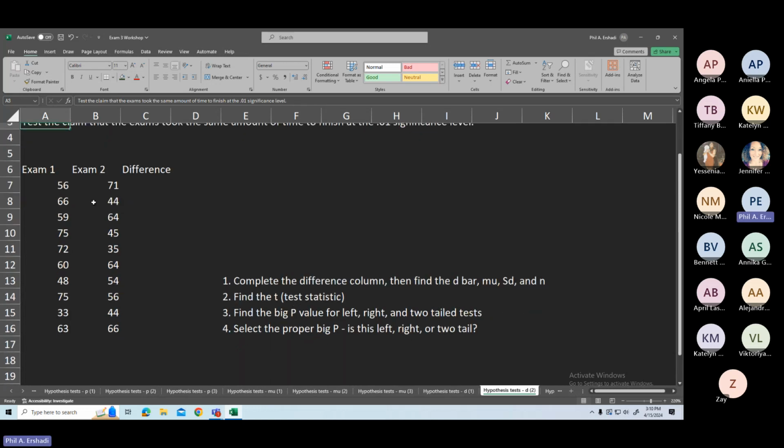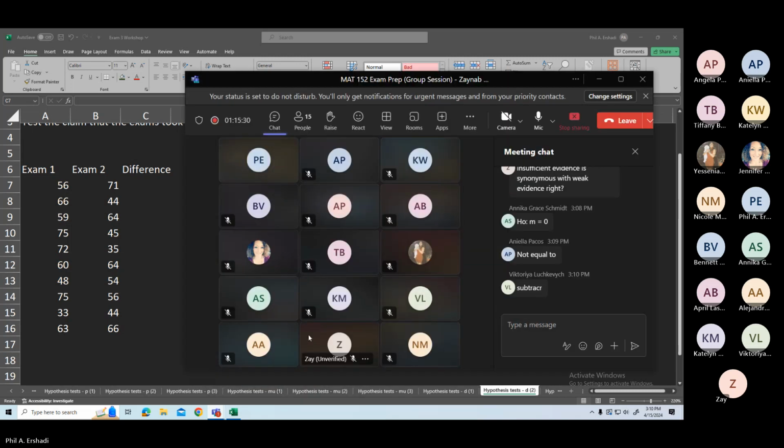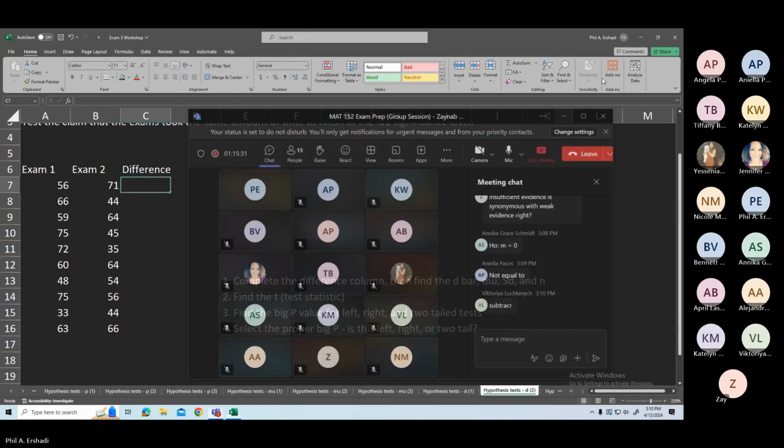So for this problem, I've given you a list of exam 1 times and a list of exam 2 times. And my first mission here is to complete the difference column. What operation would I do to complete the difference column? Subtract, very good.